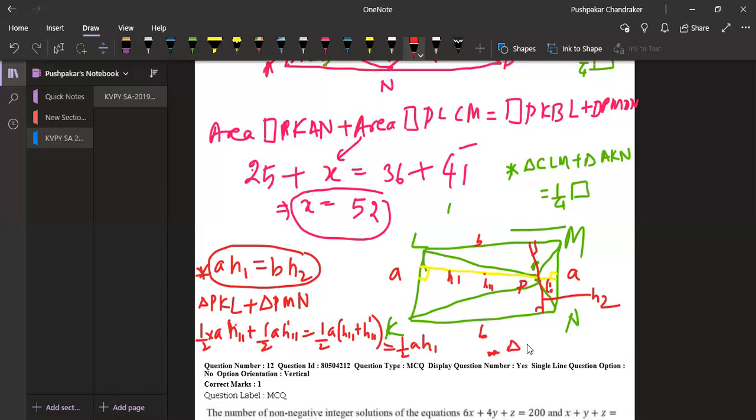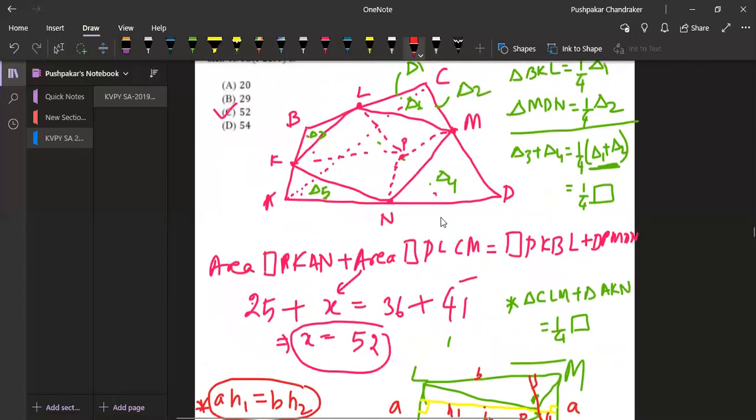So triangle PLM plus triangle PKN will be equal to, I'm writing below here, half BH2. But we already know AH1 is equal to BH2. These two sums of triangles are the same. Opposite triangles, if I add them, give the same.